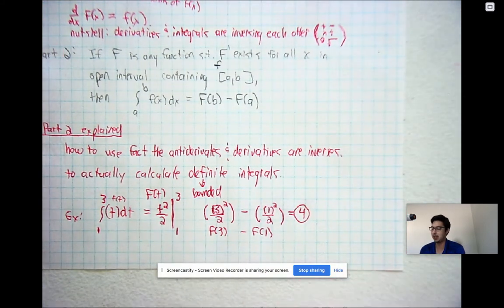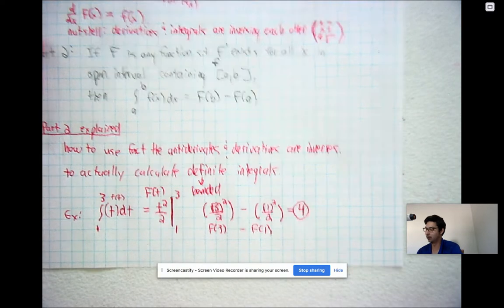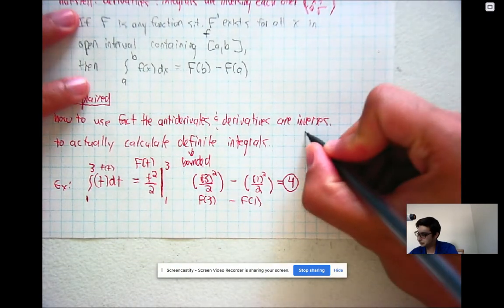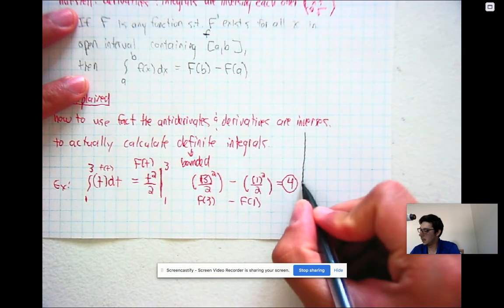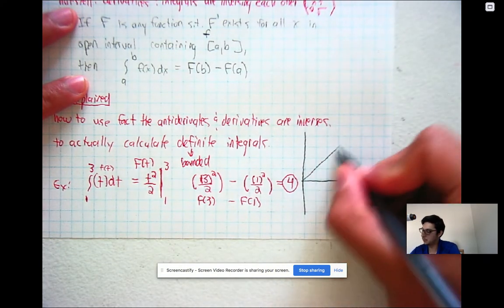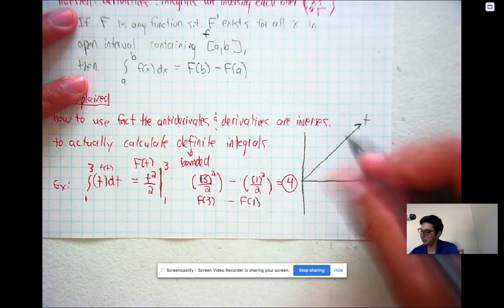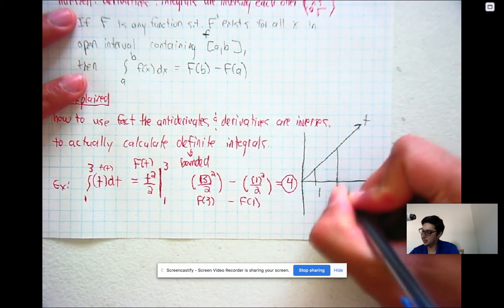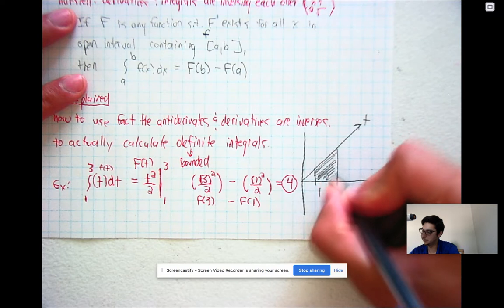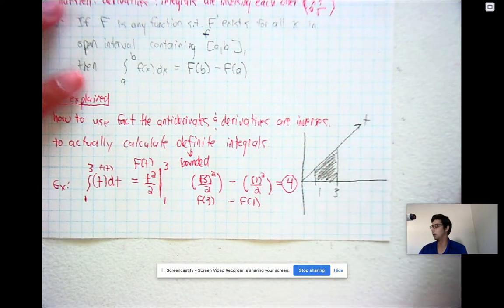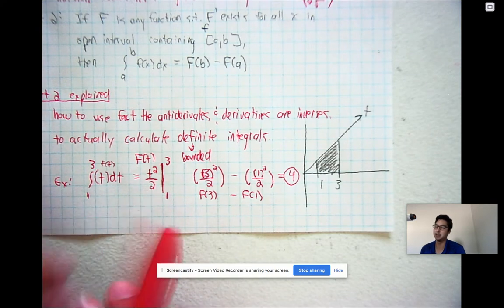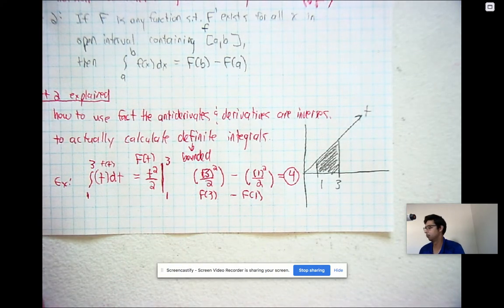Okay. Now, from a graphical perspective, because I know it's sometimes nice to see what these look like graphically, the original curve was t, and we were looking at it from 1 to 3, and I asked you what's the area under that curve, the exact area. Well, we found this by looking at its antiderivative, because part 1 is telling us that there's an antiderivative that we can use that is related.